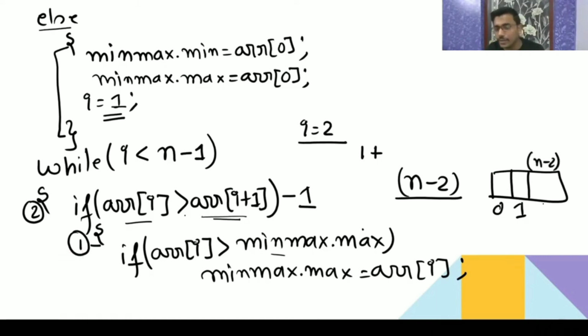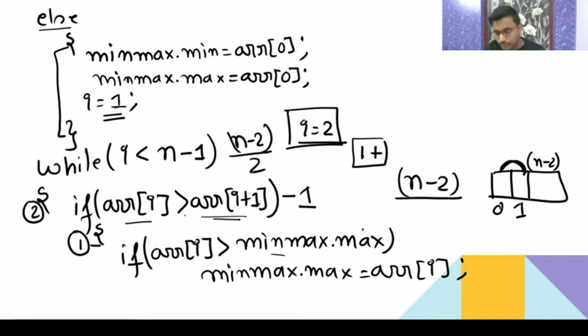In these n minus 2 elements you are going to execute. So we started with I equal to 2 when it is even, and you have already compared between these two elements, so you have done one comparison. Now you will enter the loop. Since you are left with n minus 2 elements and it is increasing with step 2, the total number of times this while loop is going to execute is n minus 2 by 2.